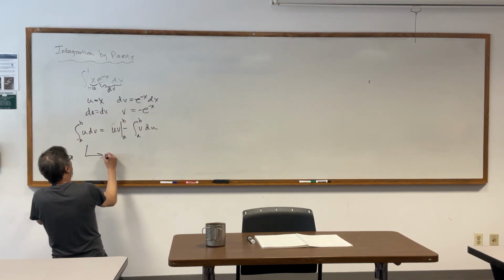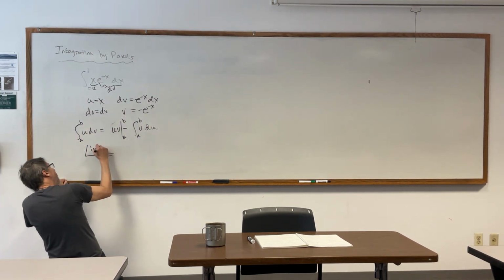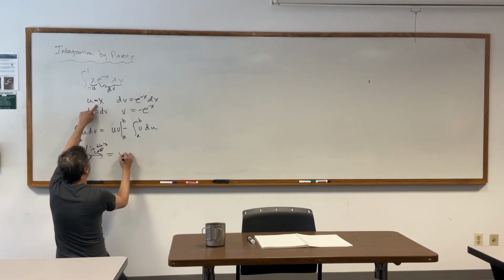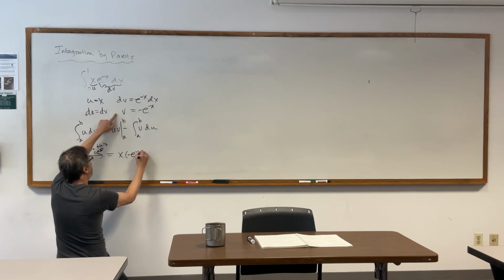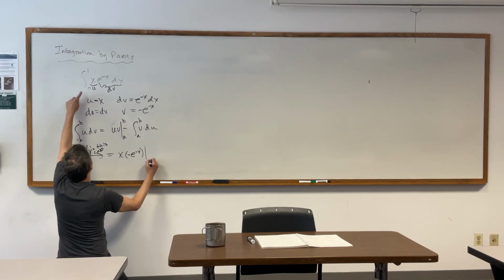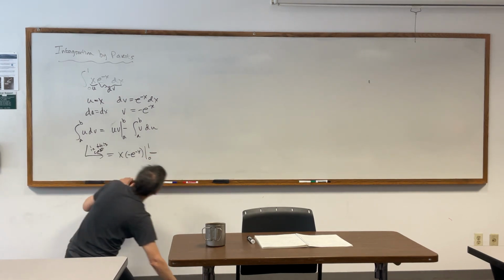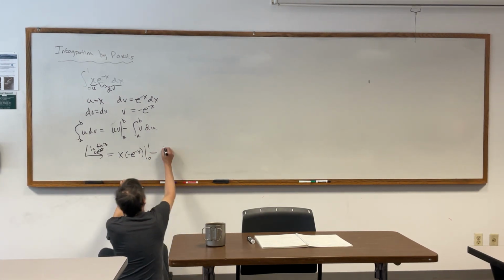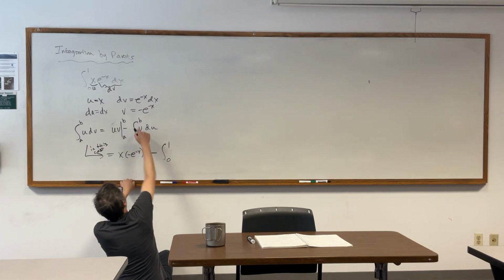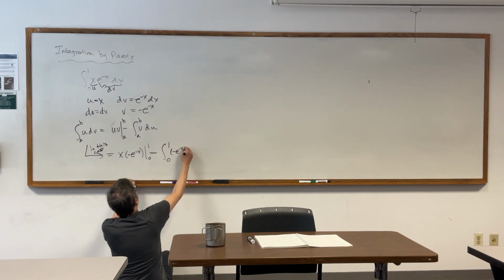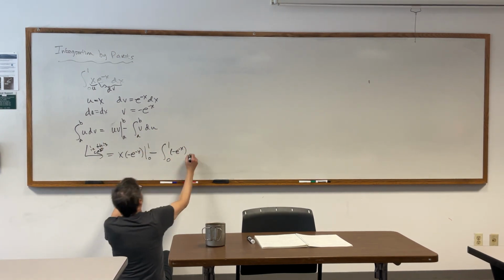So for us, this is going to equal x times negative e to the negative x from 0 to 1, minus the integral from 0 to 1. v is negative e to the negative x, du is dx.